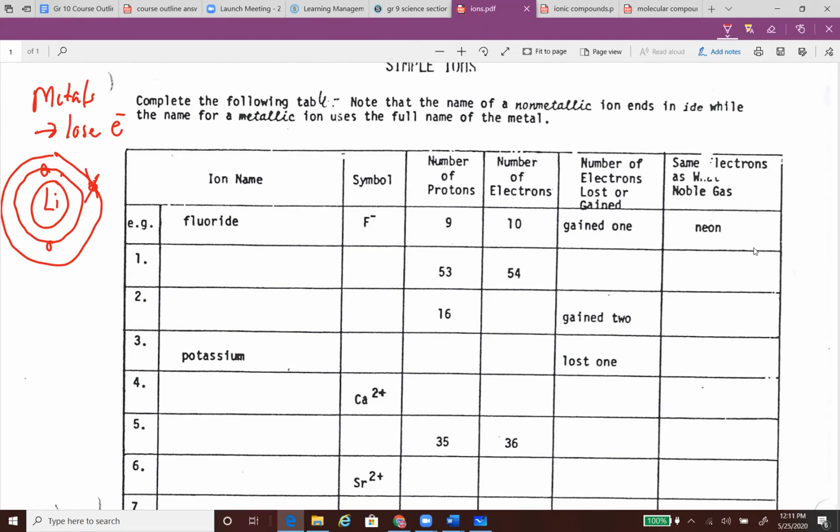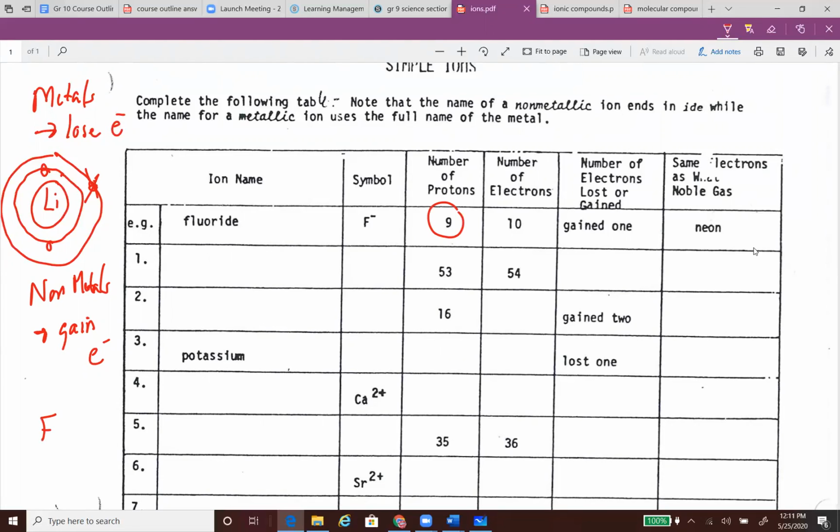So what you'll see here is that metals are going to want to lose electrons, whereas the things on the right side of the periodic table, the nonmetals, are going to want to gain electrons. So if you remember something like fluorine, fluorine has 9 electrons when it's neutral because it has 9 protons.